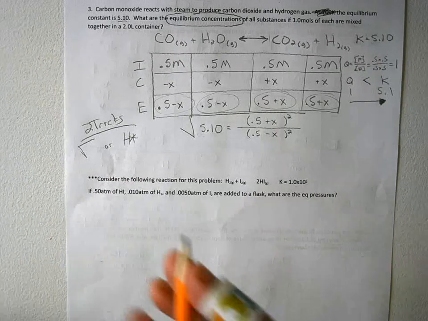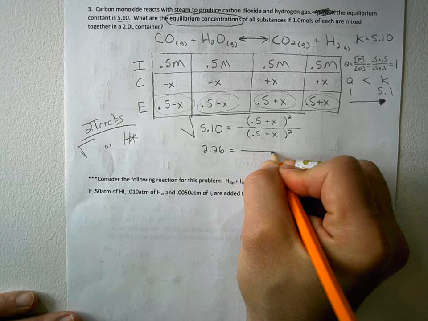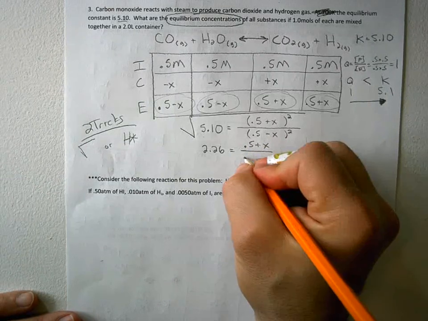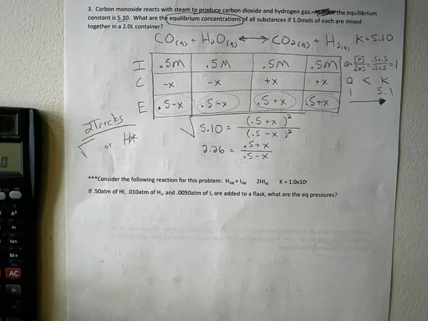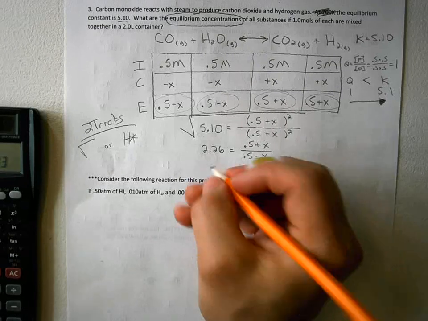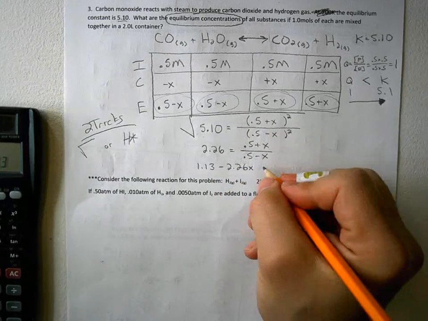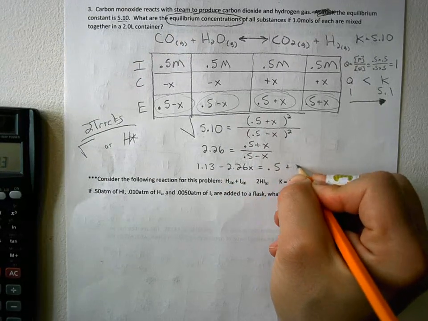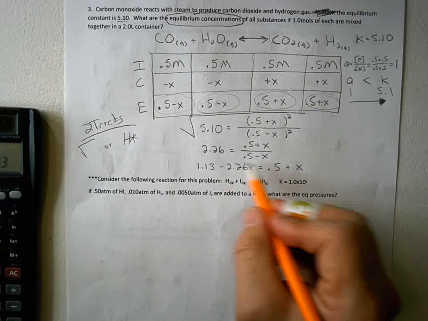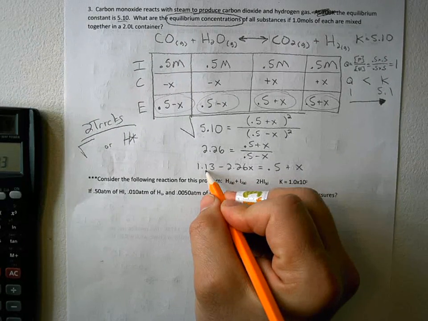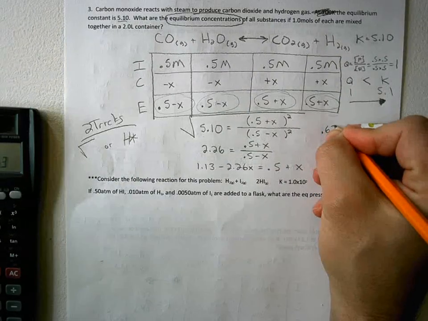Now let's put the square root of 5.1, and that's 2.26 about. This is going to equal 0.5 plus X over 0.5 minus X. Now if we want to solve for this problem, we got to do 0.5 times 2.26 to get 1.13 minus 2.26X is equal to 0.5 plus X. So now we gotta combine like terms, and 1.13 minus 0.5 is 0.63.